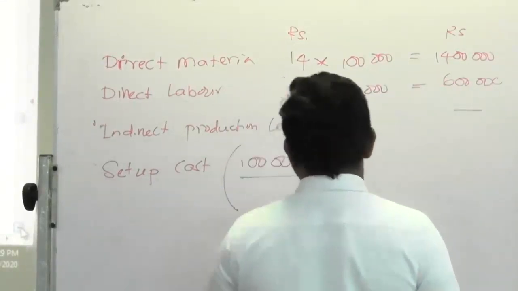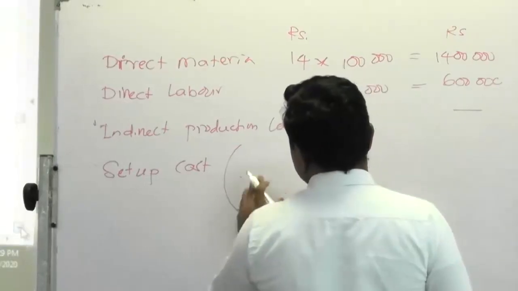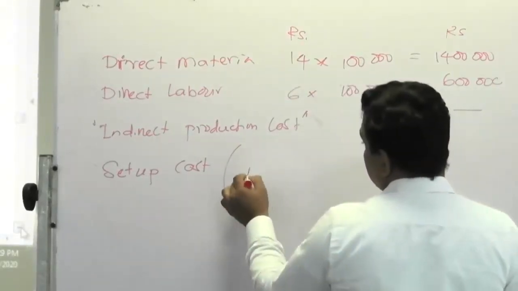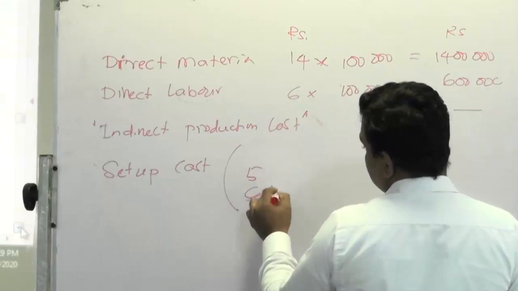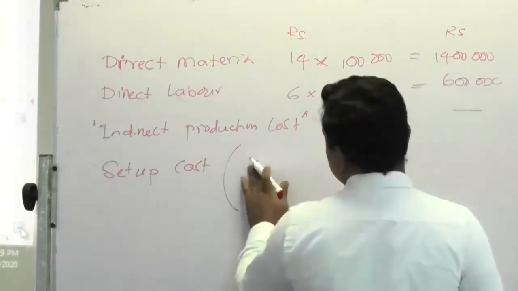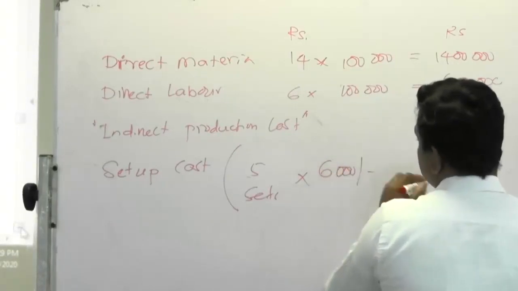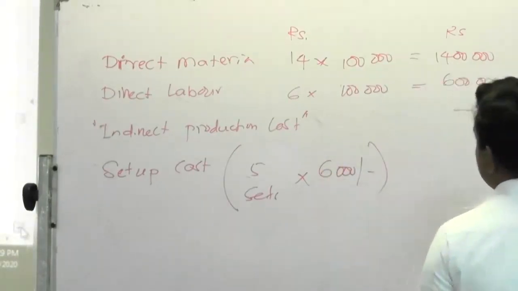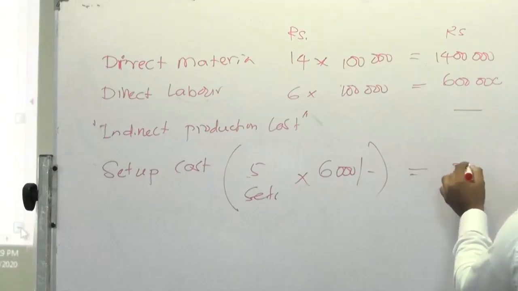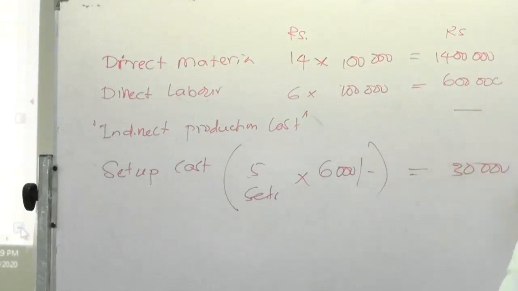That means to complete this 100,000 you need to take 5 setups, right? Per setup your cost is 6,000. Therefore setup cost will be 30,000, right?